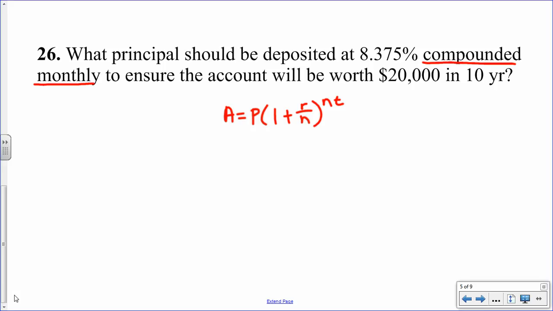Which would be what? P. What principal? So I'm looking for P again. So A, R, N, and T.